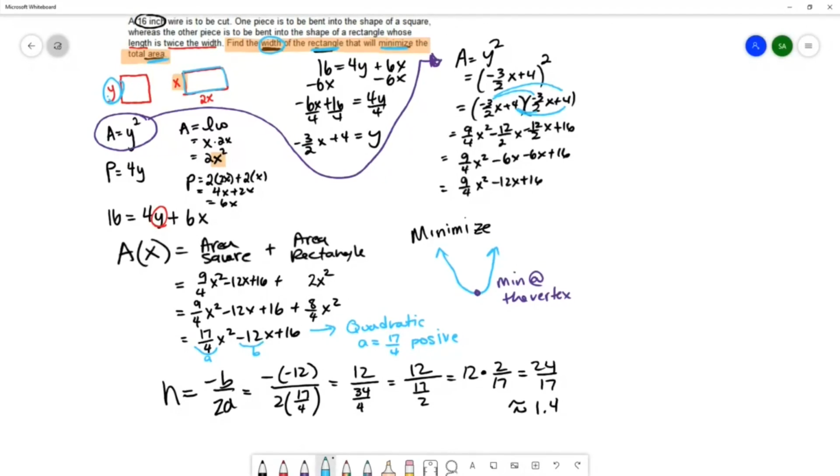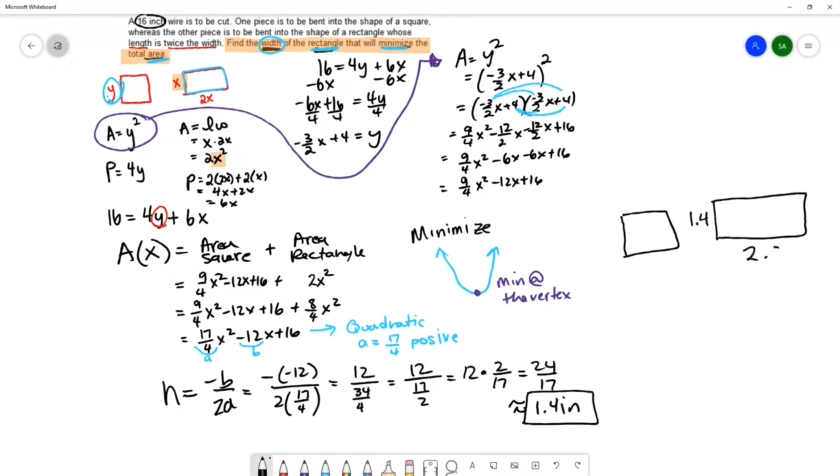So this is going to be 1.4 inches. So on our square and rectangle, this width would be 1.4. And if I do 2 times 1.4, that's 2.8.